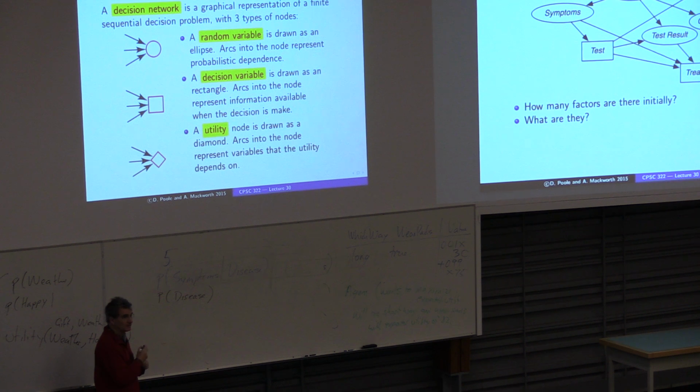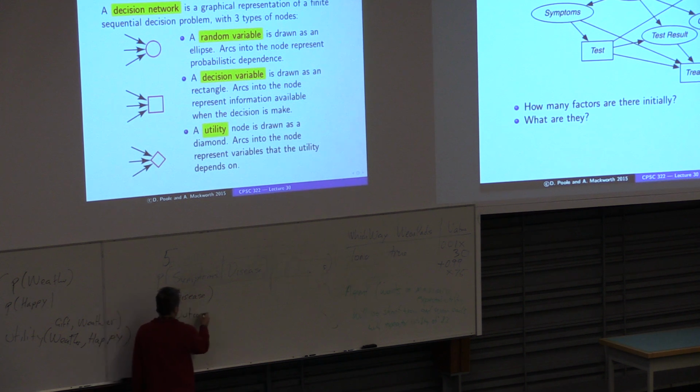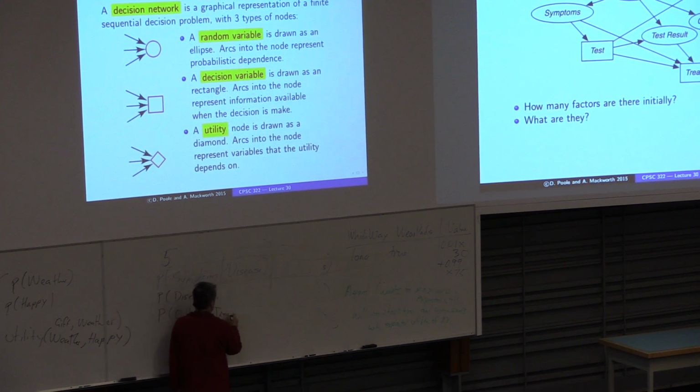Someone else, what else is there? So I heard outcome. What does it depend on? I can't hear it. My neck hurts too much. I can't see it. You have to tell me. Given treatment of disease. Treatment and disease.